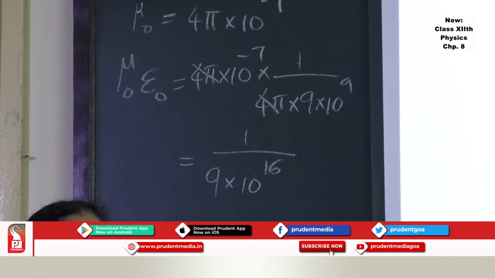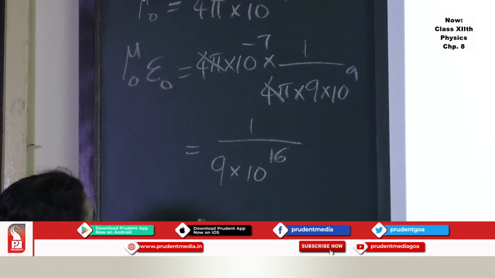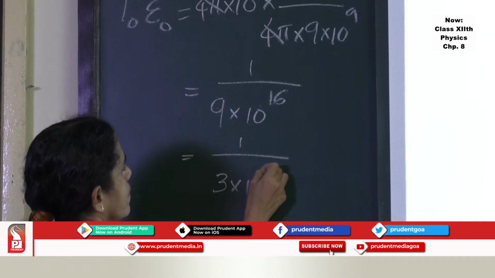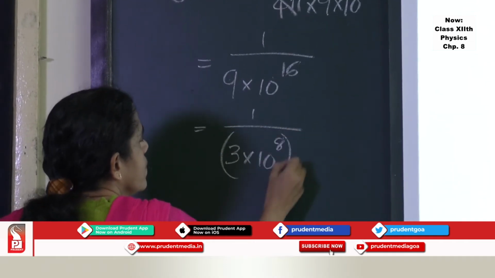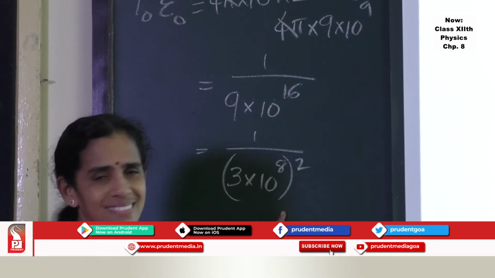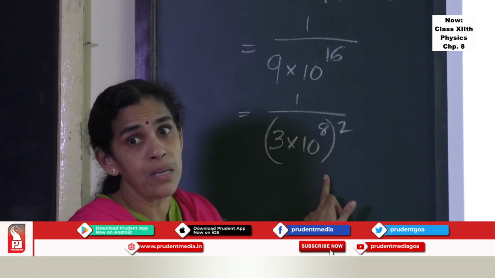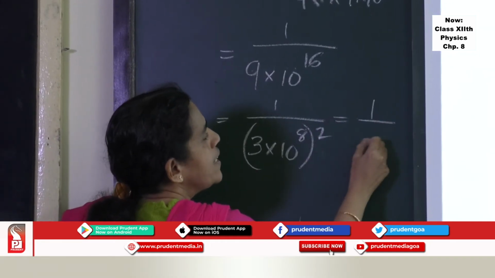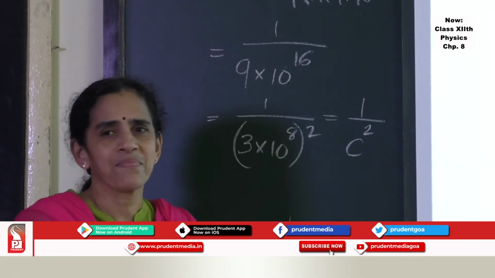What is special about this number? If I write it this way, it's correct, no? And what is this? The most important number? Yes, it's the speed of light.